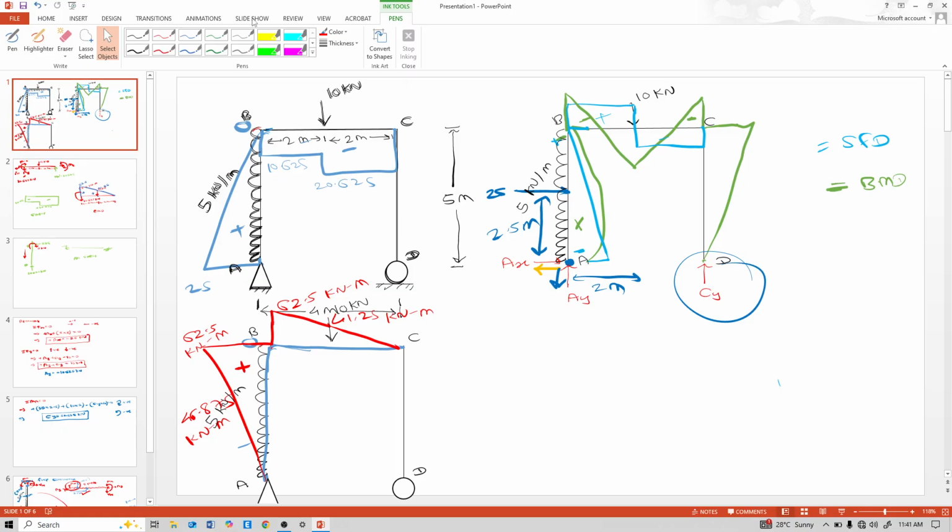So this is the shear force, this is the bending moment. Now check this in STAAD Pro software.